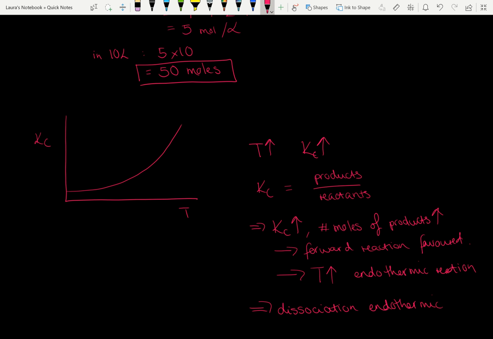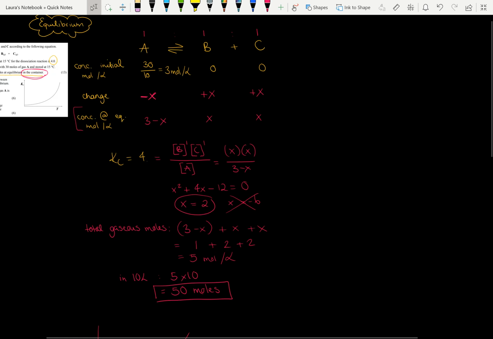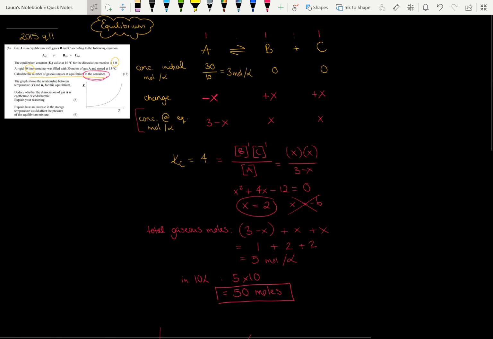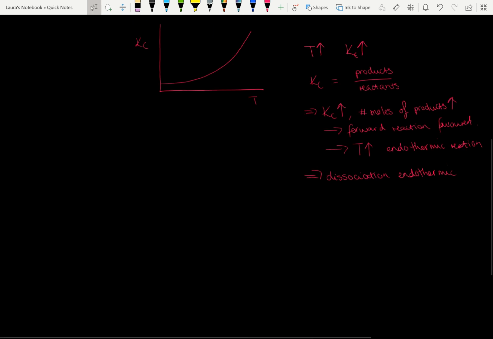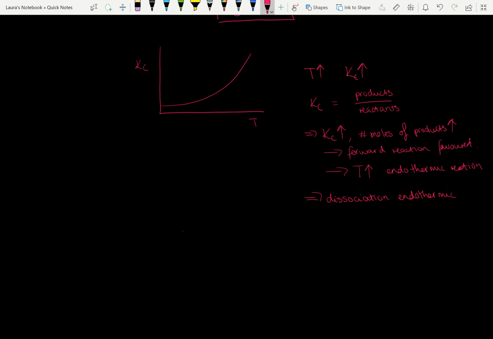Okay. And the final question, if we go back: explain how an increase in the storage temperature would affect the pressure of the equilibrium mixture. Well, let me just write storage pressure here. We have just said that as the increase in temperature occurs, the forward reaction is favored.